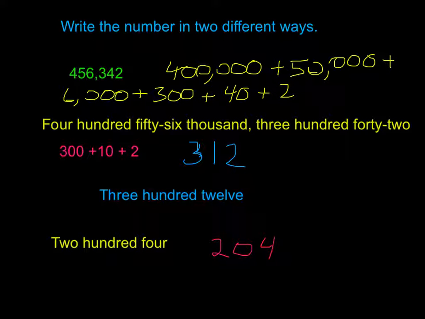And in expanded form, we only need to write the 200 plus. Now we don't have any. We have 0 in the tens column, so we can leave it out, and then write a 4 for the ones column. So 204. And that is how we write numbers in different ways.